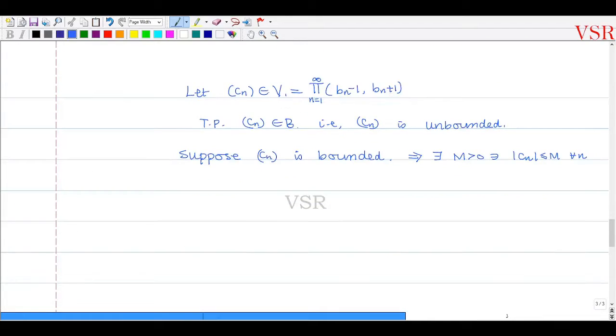அப்ப இதில இருந்து என்ன தெரியுது அப்படின்னா, this implies that Cn belongs to this fellow.